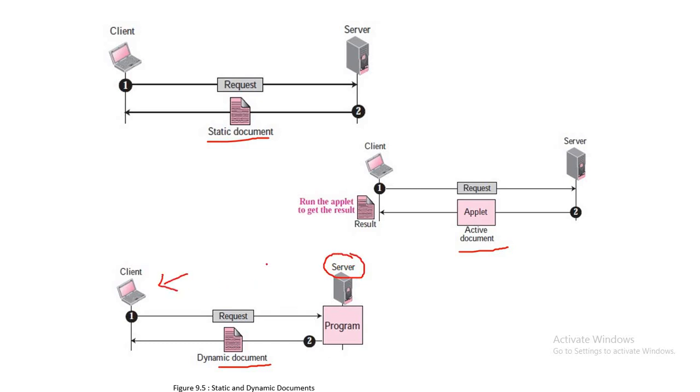In terms of active documents, whatever changes occur, they occur directly at the client's browser, like a cricket scoreboard. Get it? So these are the different categories of web document: static, dynamic and active.